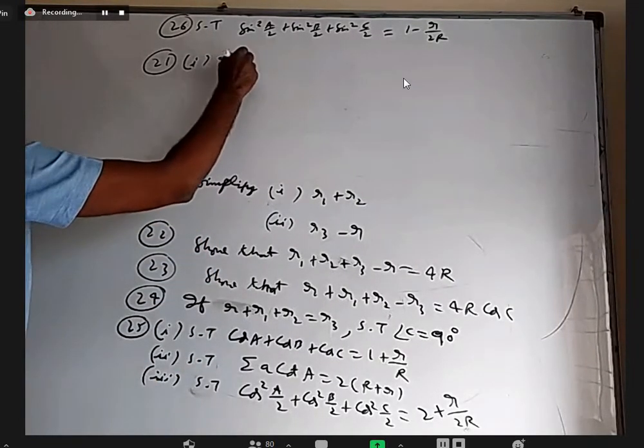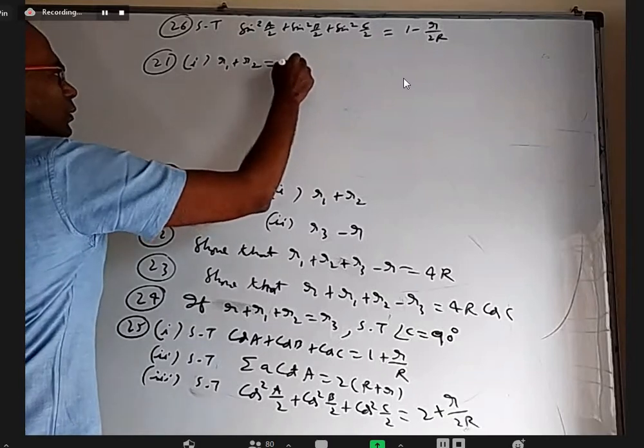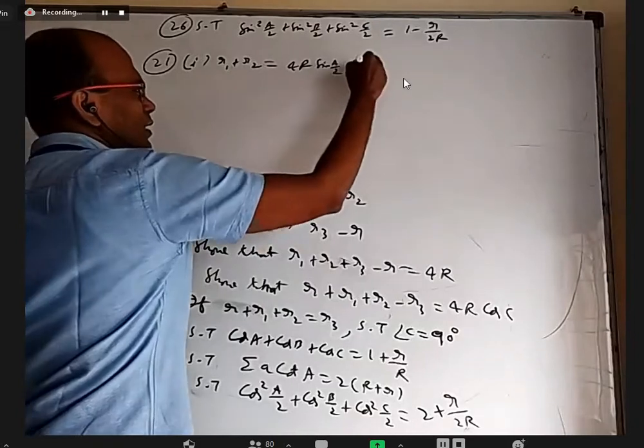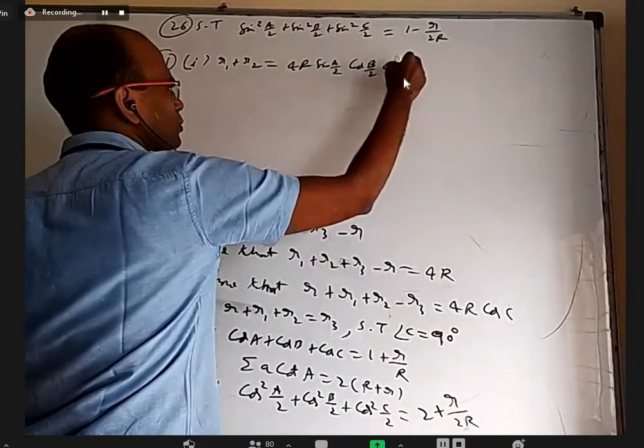R3 minus R1 equals 4R sin square C by 2. Now, this R1 is sin A by 2, cos B by 2, cos C by 2.